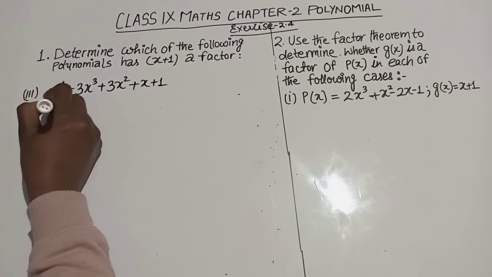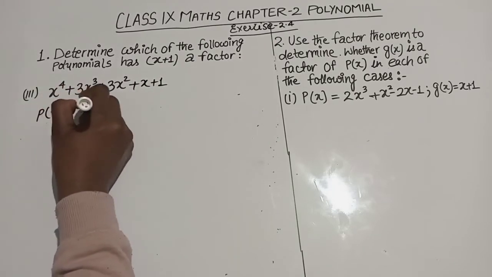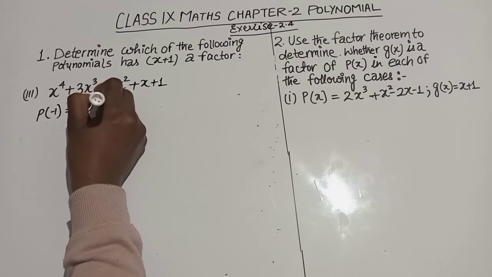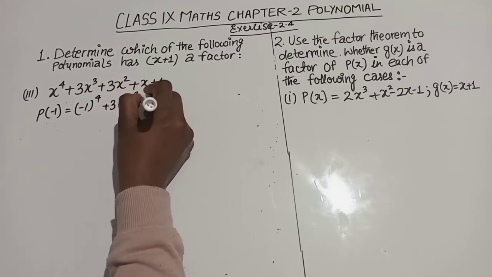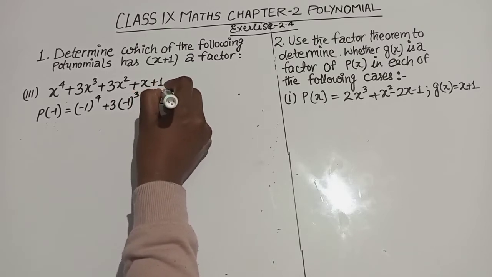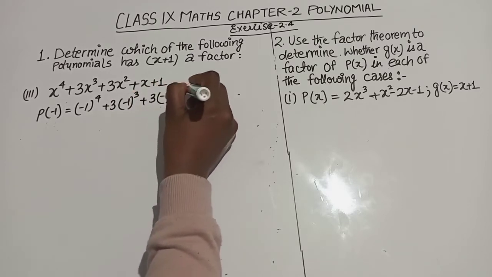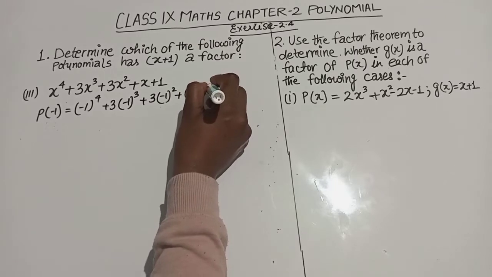So p(minus 1) is minus 1 to the power 4 plus 3 times minus 1 to the power 3 plus 3 times minus 1 to the power 2 plus minus 1 plus 1.